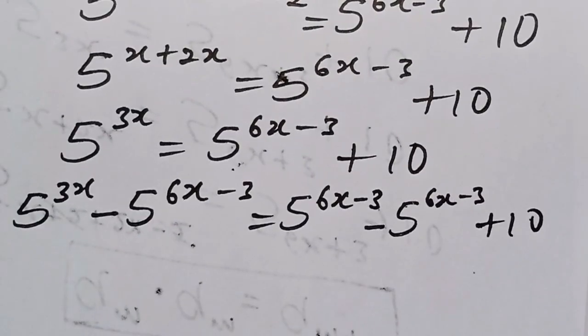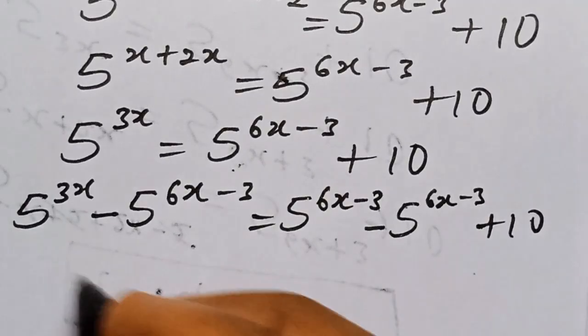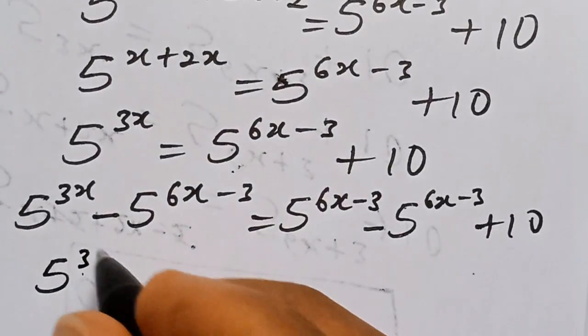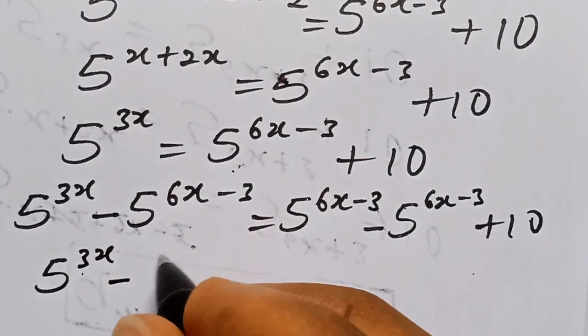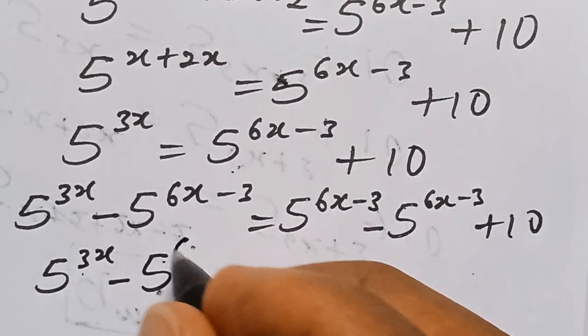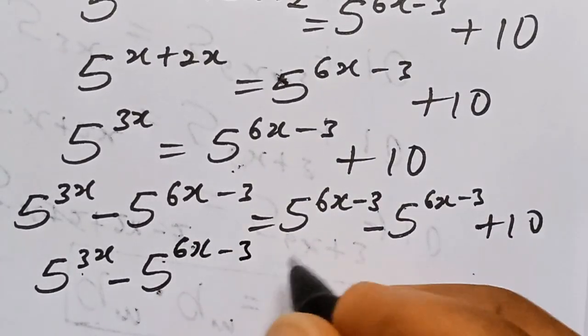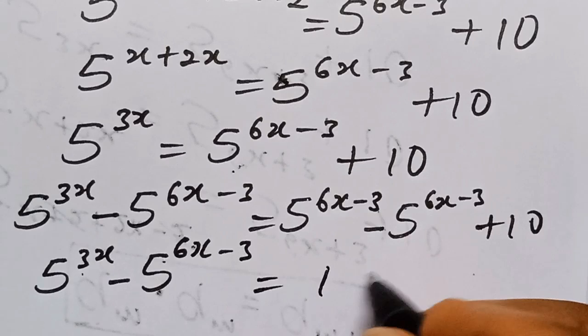Okay, so this right hand side then becomes 10: 5 raised to power 3x minus 5 raised to power 6x minus 3 equals 10.